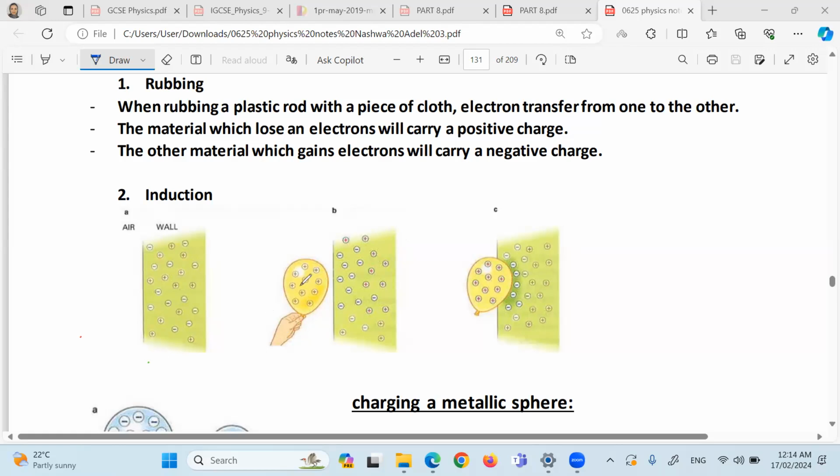When we bring the positive object close to the wall, you will see that the negative charges get closer to the balloon and the positive charges move away from the balloon. When you let go, the balloon will stick to the wall due to the attraction force between the positive charge and the negative charge. Okay, now let's take how to charge a metallic sphere.